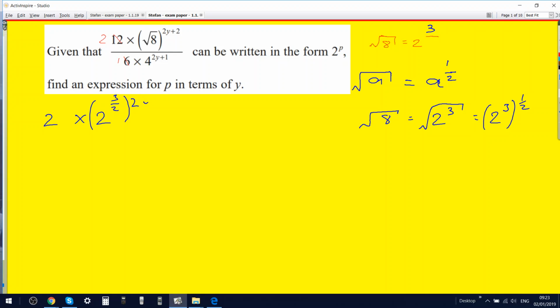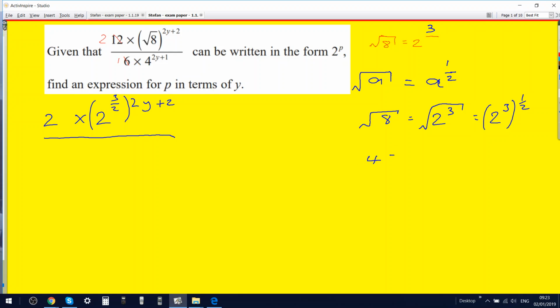And then you have that 2y plus 2. Okay. How would you write the bottom as 2 to the power of something? So 1 times 4. I can leave out the 1 times, that'll be the same thing.